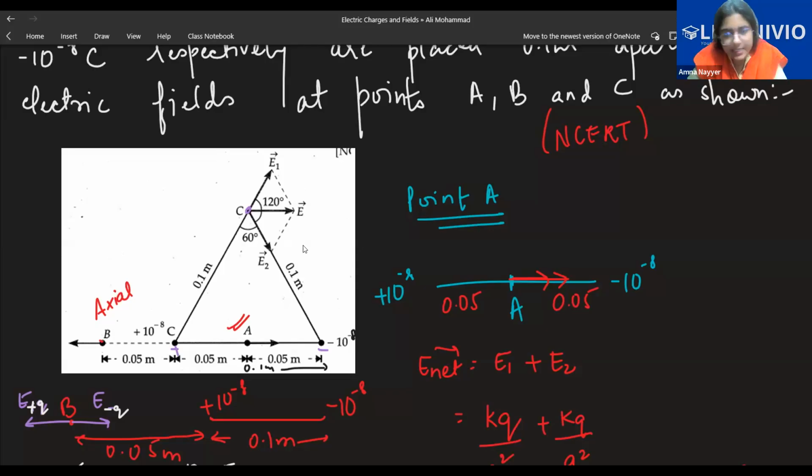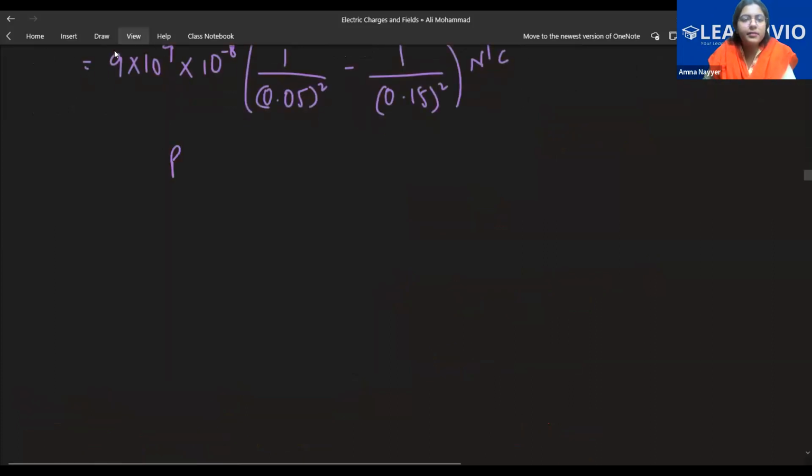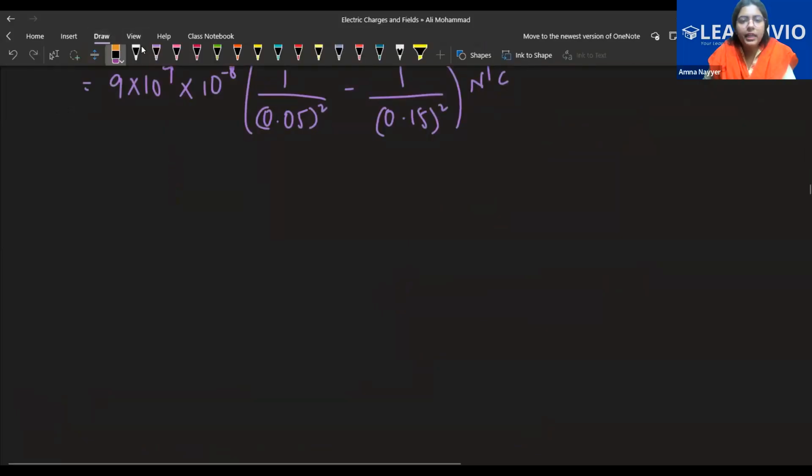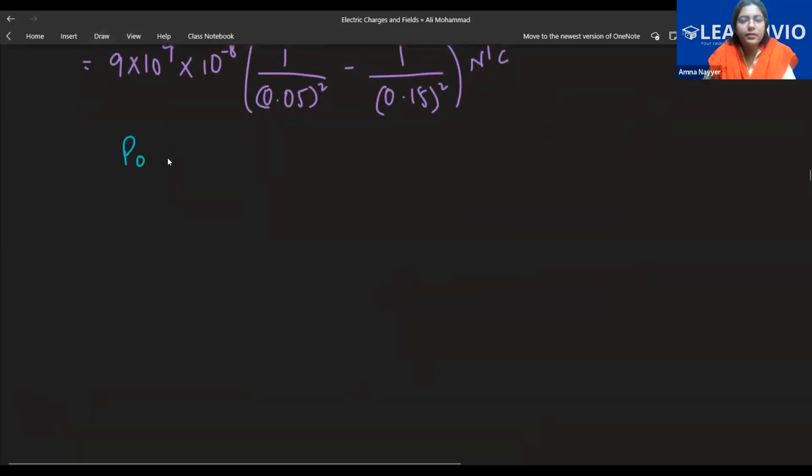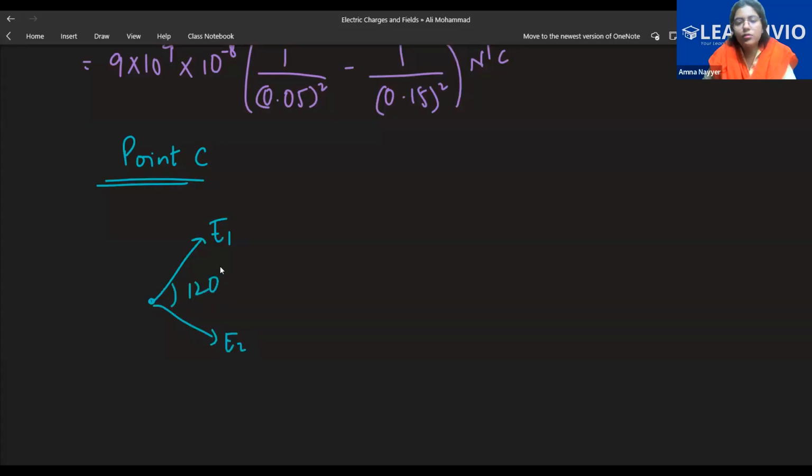Same. So let us write E1, E2 as E. Let's say this is the point C. Look, this is due to E1, this is due to E2. An angle we also know is 120 degrees.